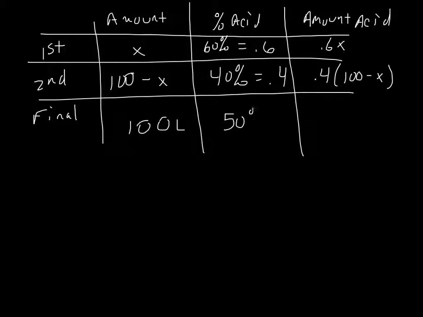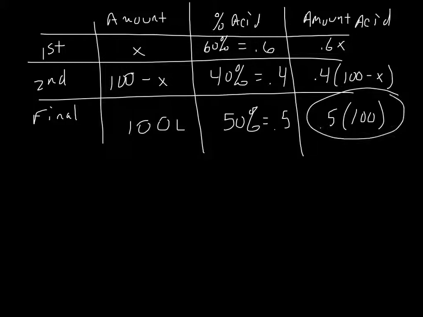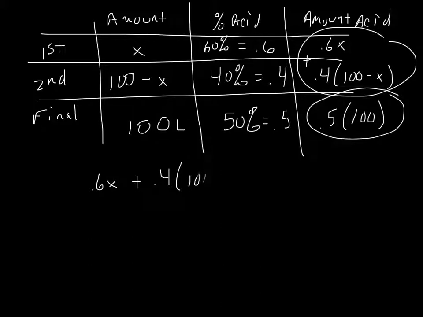So they want 50% in this last one. So we're going to change that also to a decimal, 0.5. So the total is going to be 0.5 times 100 liters, right? So that's going to be our total amount, and we're going to add these two together to get our total. So we have 0.6x plus 0.4 times 100 minus x equals 0.5 times 100.